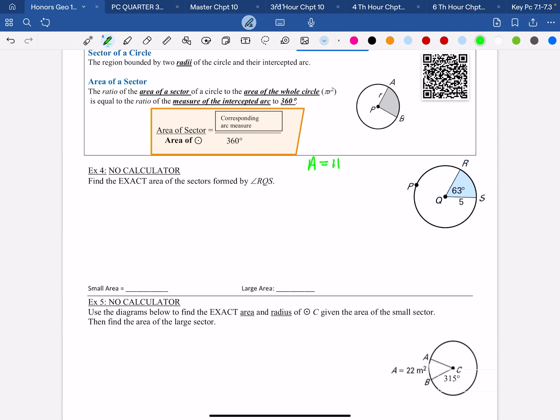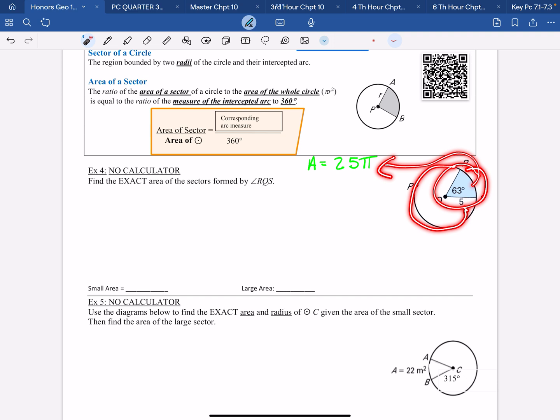Area equals, remember, pi times r squared. So the area of this whole circle would be 25 pi. Remember, we take the radius and square it, and then multiply by pi. What we can do is find the area of just one part of it, and to get the other sector's area, simply subtract it from 25 pi.